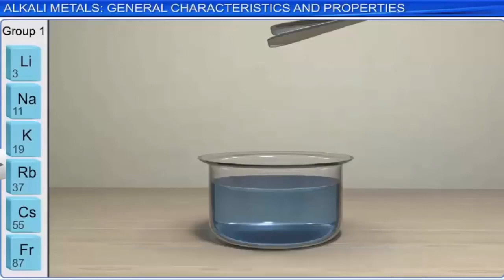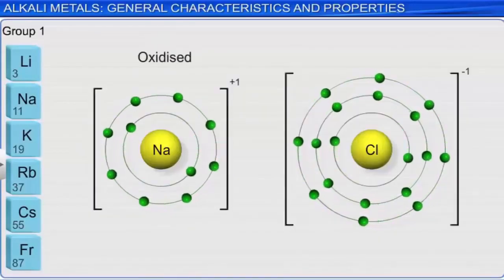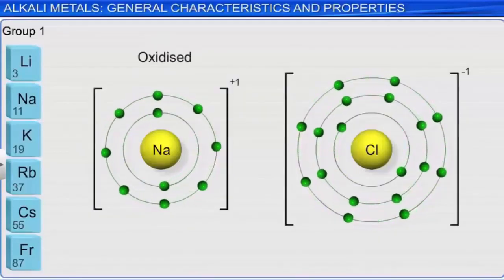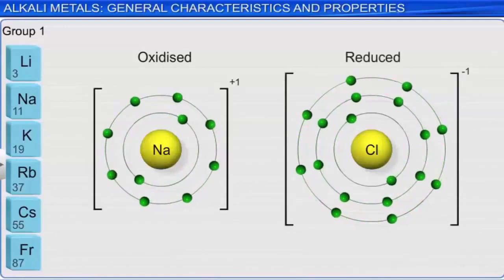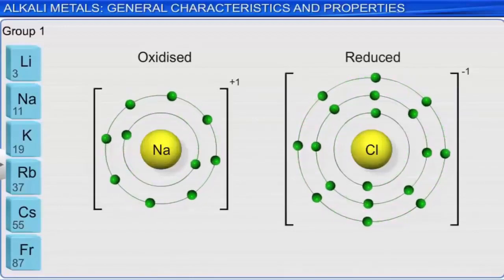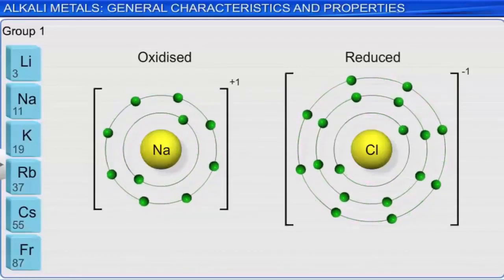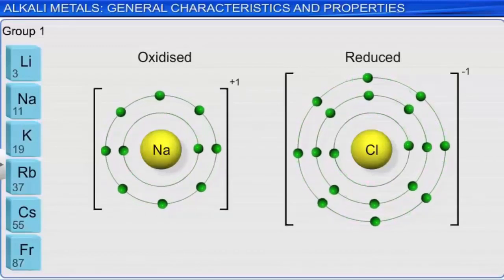For example, the specific conductivity of mercury is 10 to the power 4 per ohm. In the same way, the conductivity of sodium in liquid ammonia is 0.5 into 10 to the power 4 per ohm.